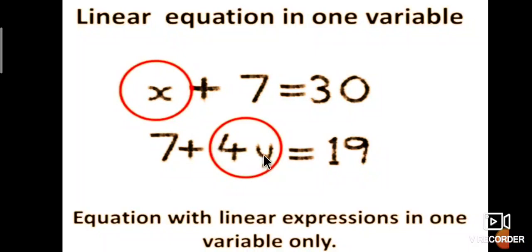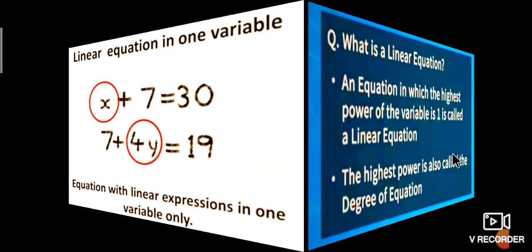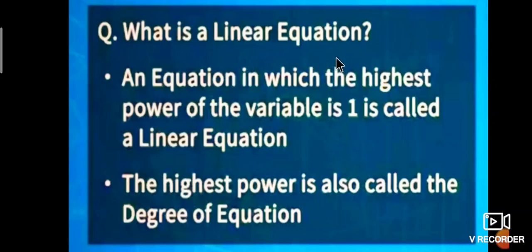Therefore, a linear equation has only one variable. Such an equation is called a linear equation in one variable. What is a linear equation?